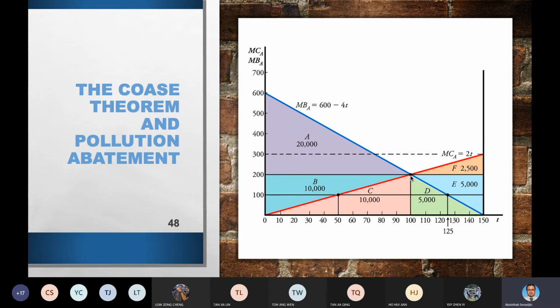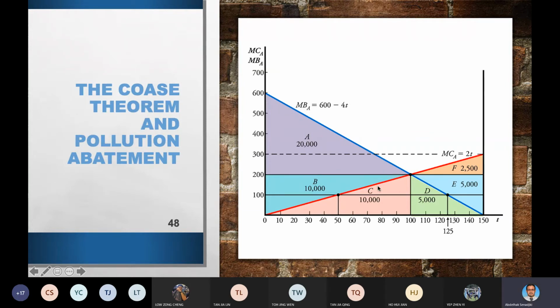Why? Because eliminating the first 100 tons will cost it how much? The cost is 100 times 100, which is 10,000. Which is area C, right?